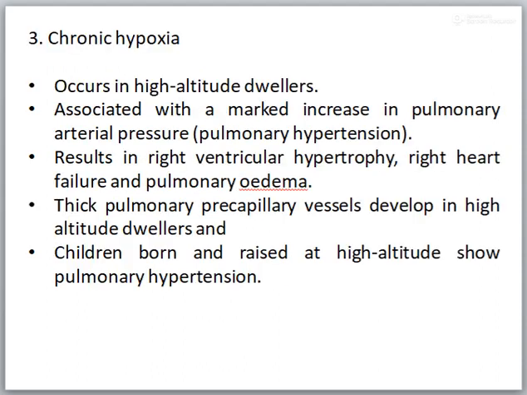Third is chronic hypoxia. It occurs in high altitude dwellers and it is associated with a marked increase in pulmonary arterial pressure as in pulmonary hypertension that leads to a heavy afterload on the right ventricle and it results in right ventricular hypertrophy, right heart failure and pulmonary edema.